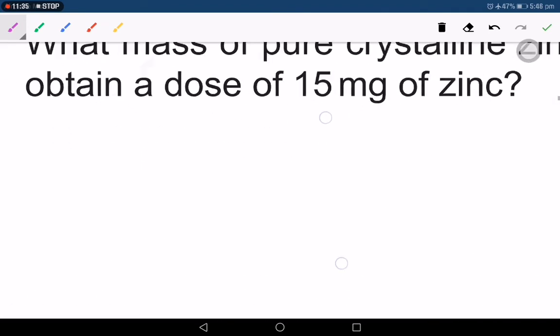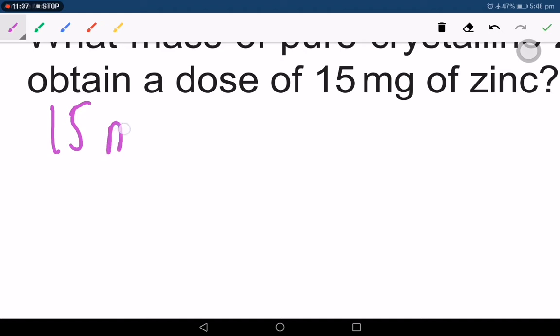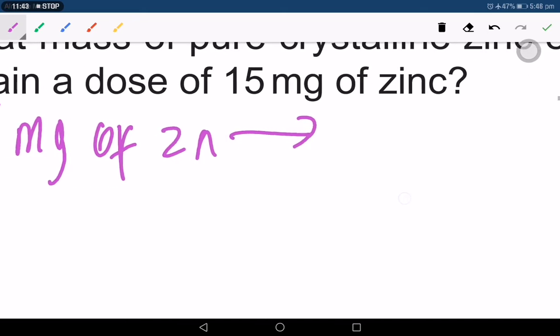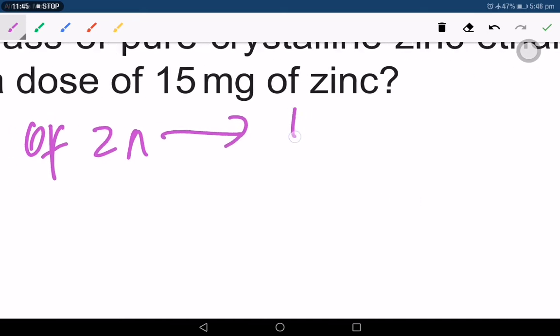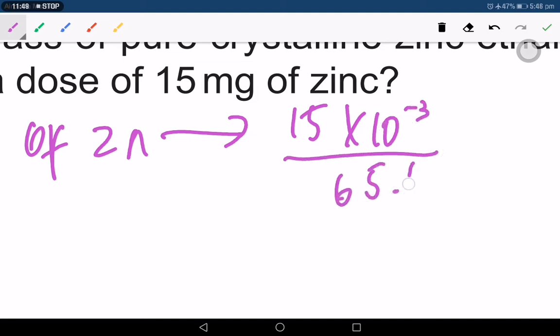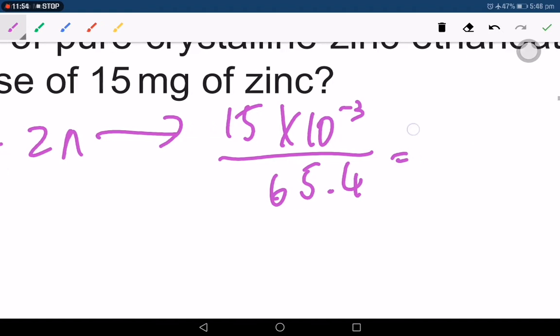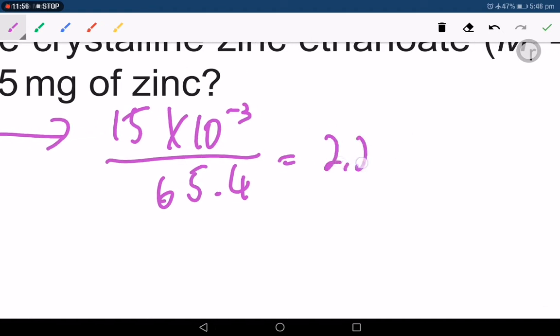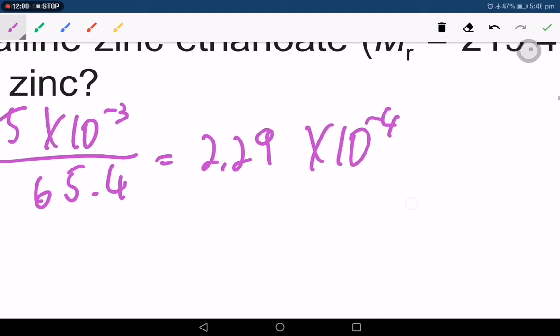15 milligrams of zinc is the same as 15 times 10 to the power of negative 3 divided by the Mr of zinc, which is 65.4, is equal to 2.29 times 10 to the power of negative 4 moles.